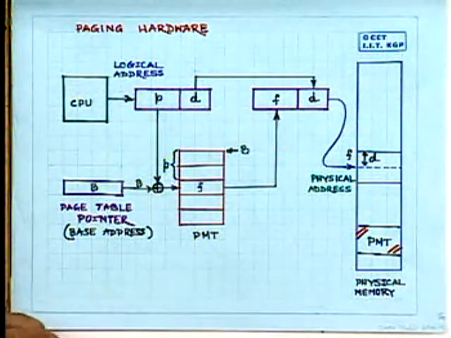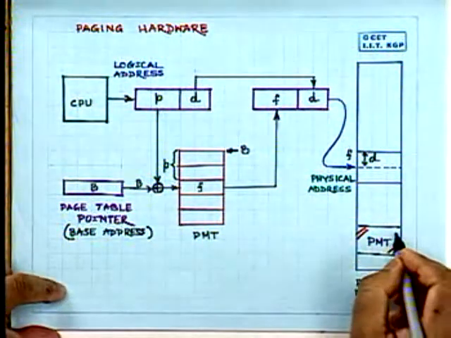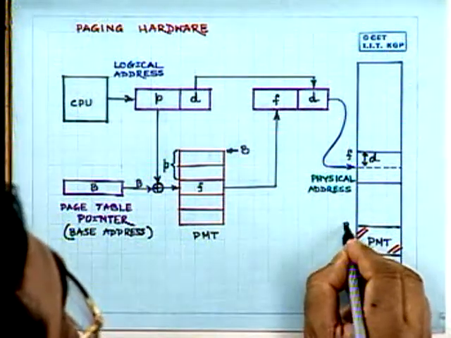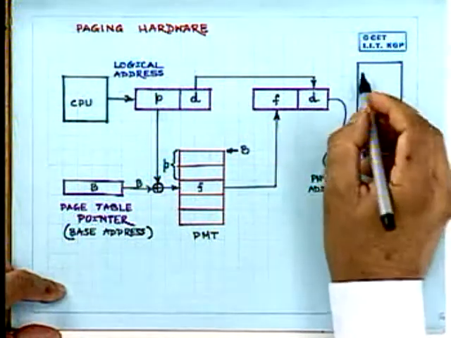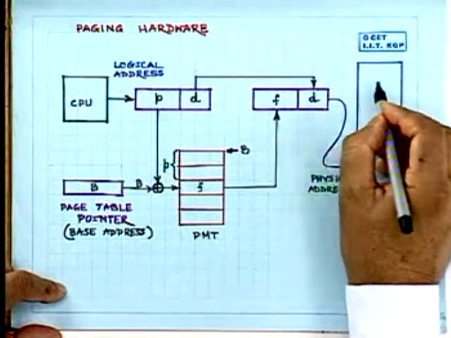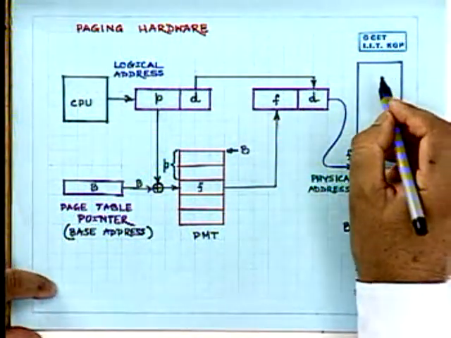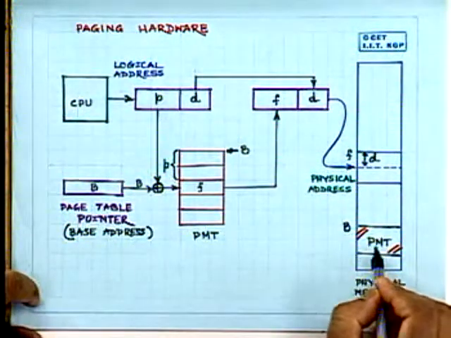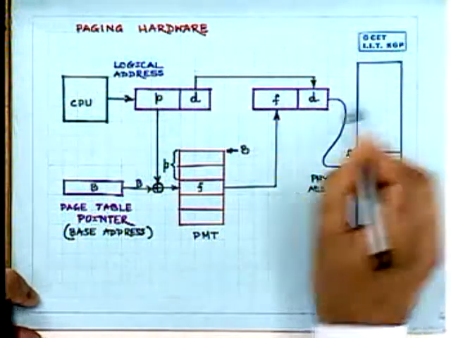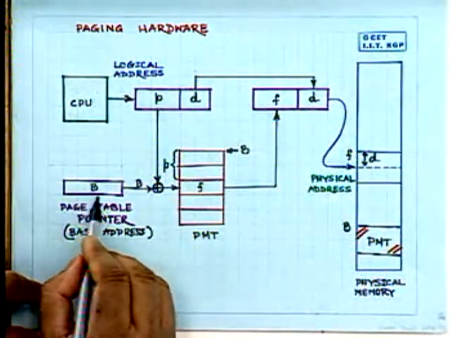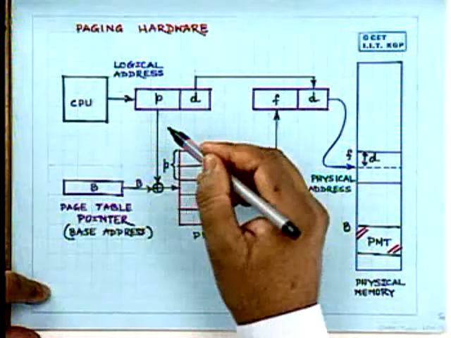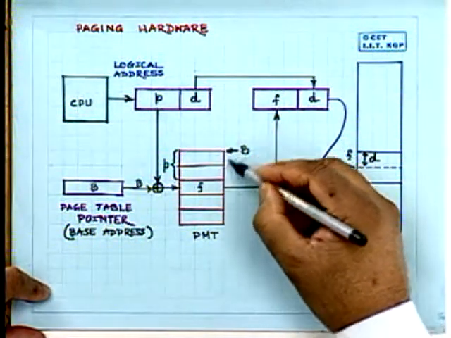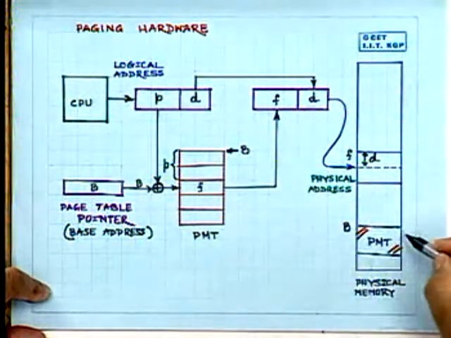So, for example, I'm switching to this job where this is the page map table. Say this address is B. This B has been kept in some table, which is the table of page map pointers. When I switch over to the job corresponding to this page map table, this B is taken and is loaded into the page table pointer, which means that starting from the B location, the page map table has started.